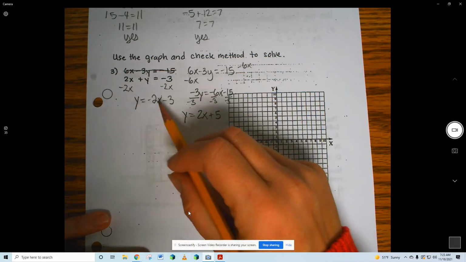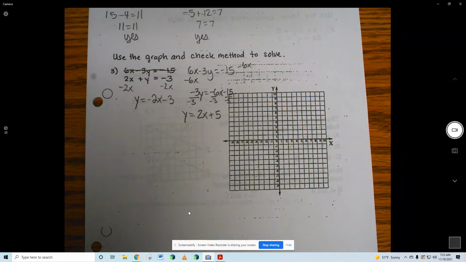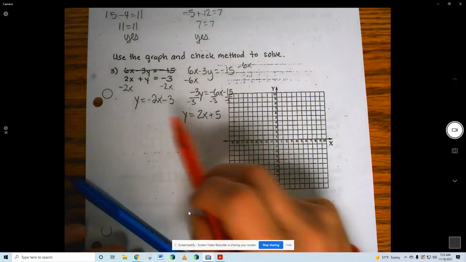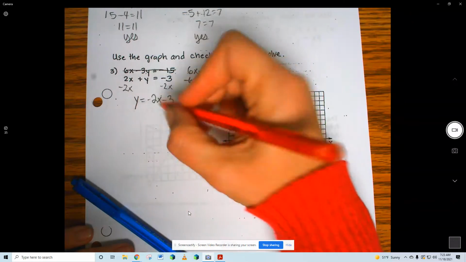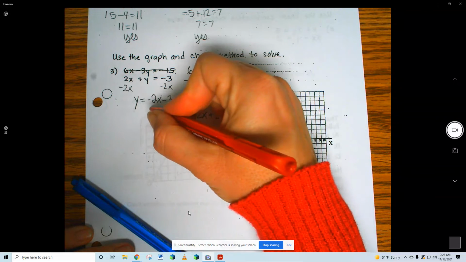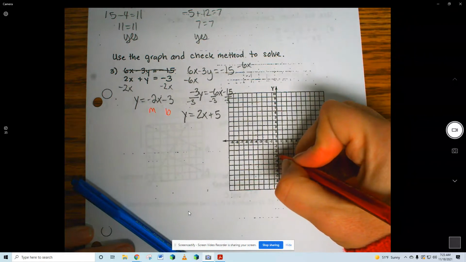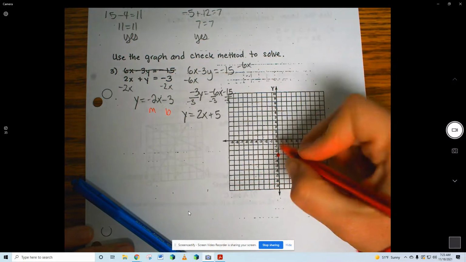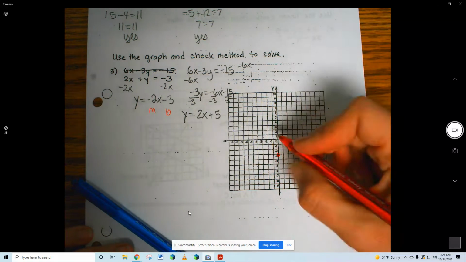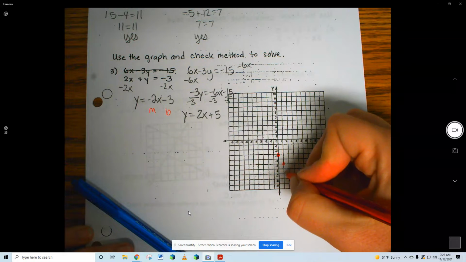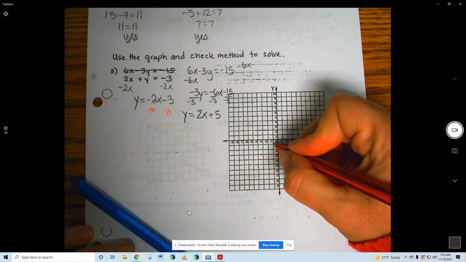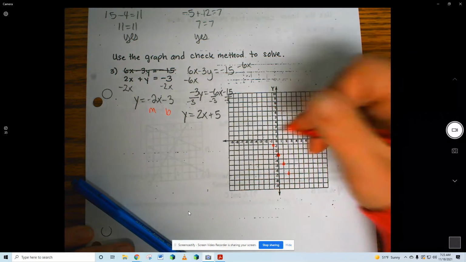I'll do the first one. My b is negative 3. My slope is negative 2 over 1. Begin at negative 3. Down 2 over 1. Down 2 over 1. These are just straight lines, guys.